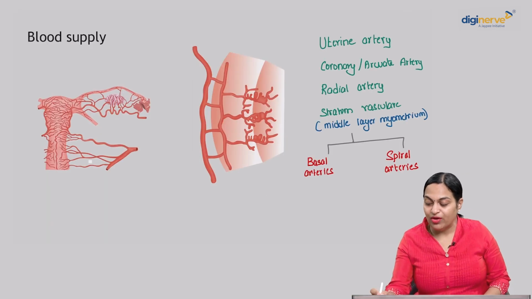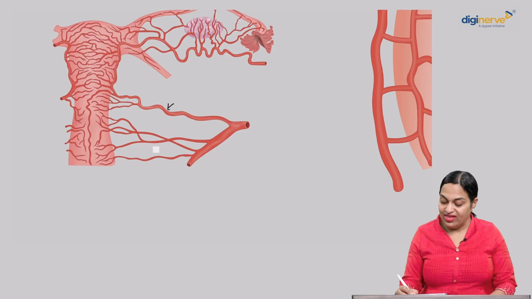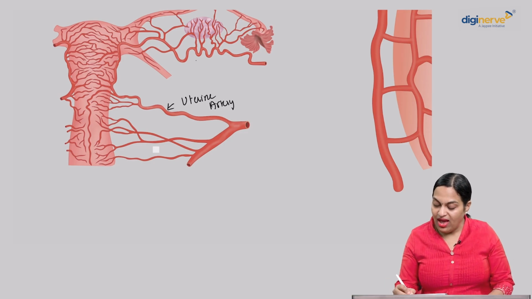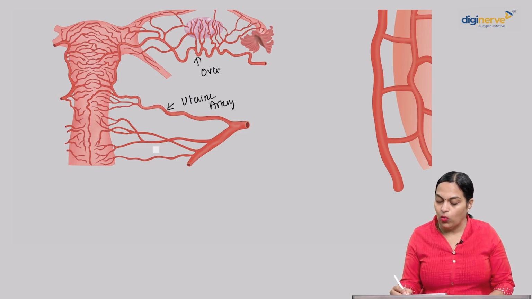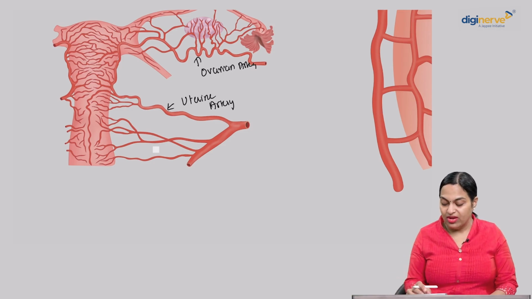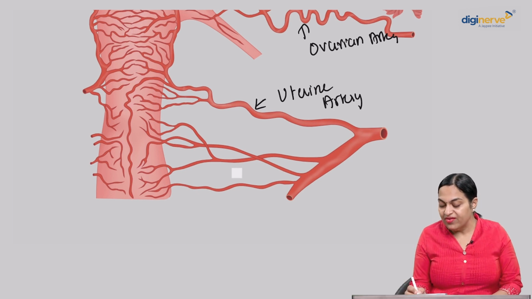The blood supply of uterus, of course, it's very important, and we know it's from the uterine artery, branch of the anterior division of internal iliac artery, and also from the ovarian artery that arises from the abdominal aorta, isn't it? So if you see here, the uterine artery, it gives branches, right?